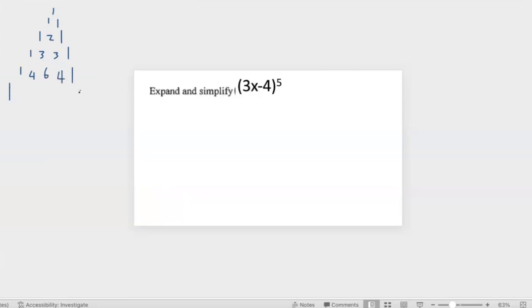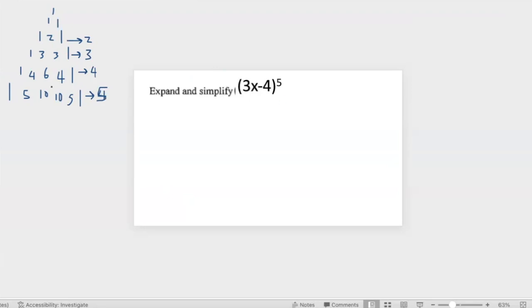Then we have another 1. So 1 plus 4 is 5. 4 plus 6 is 10. 6 plus 4 is 10. 4 plus 1 is 5. So we use this when we have the power square. This when we have the power cube. When we have the power to the fourth. And this is when we have the power to the fifth.